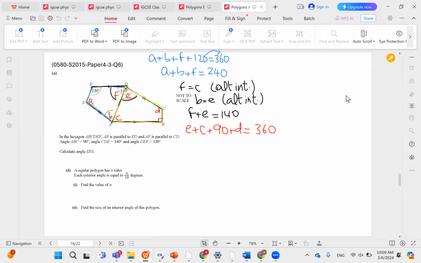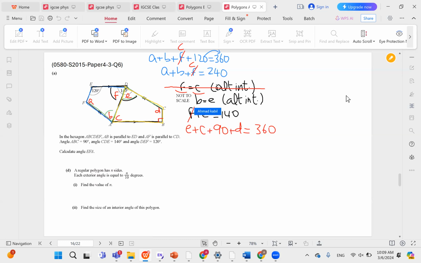So this might work. Let's try to remove letters from the equations. How do we remove letters? First of all, let's get rid of the F. Any F we see, we just replace it with C, since F equals C. I'm going to cross this equation out, and then any F I see, I'm going to put C here instead.